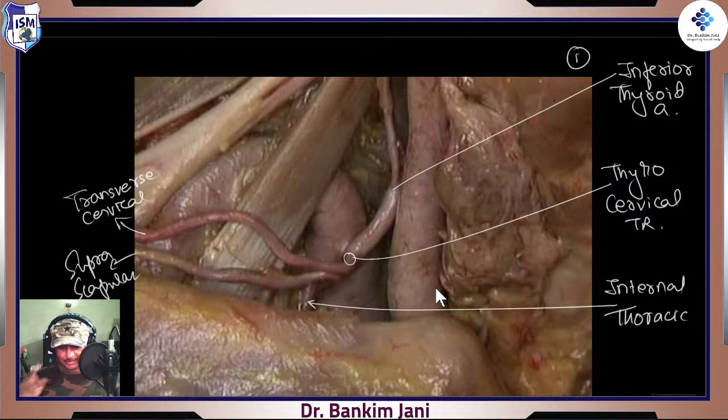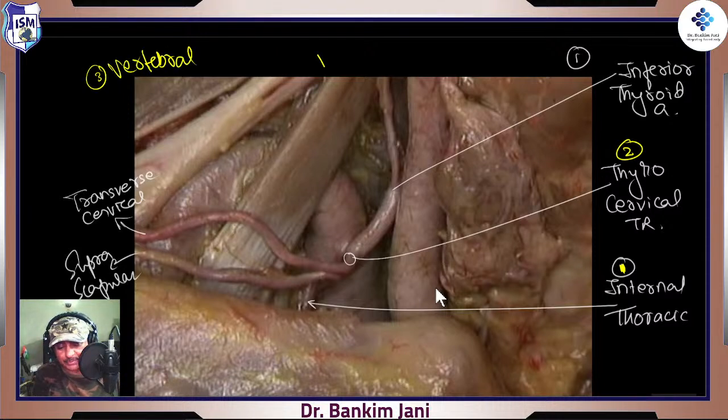So here, for the subclavian: internal thoracic, right? Then, yellow color, internal thoracic, thyrocervical, and the deeper one was vertebral.